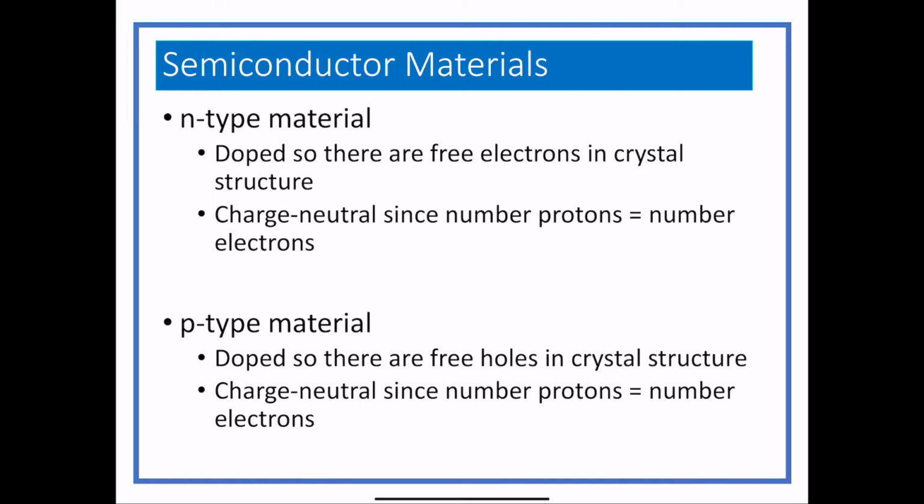So it's not adding electrons to give it charge, it's just making more electrons available to carry a charge. P-type material is doped so that there are more holes available than electrons. And it's still charge neutral, but the extra holes make it easier to conduct electricity.